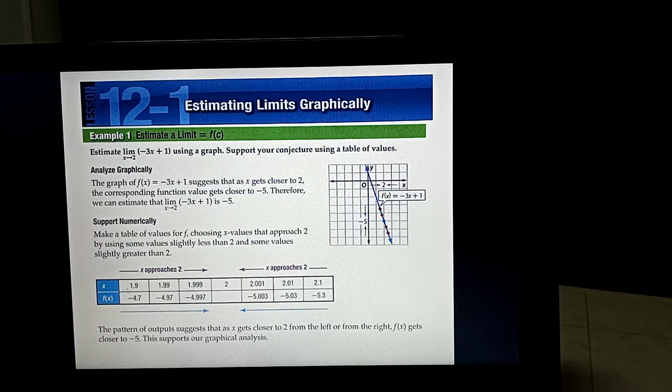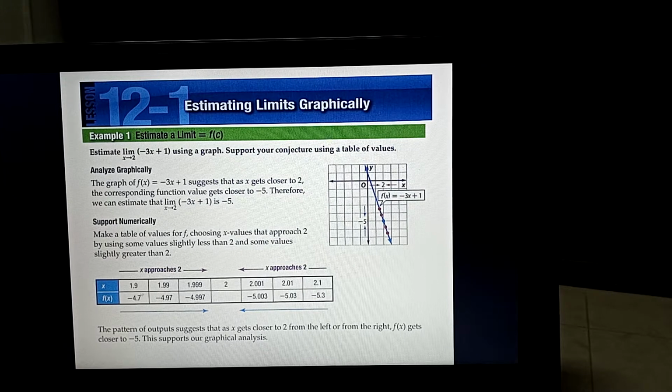Here, when I speak about the values of x, 1.9, 1.99, 1.999, it means I am walking straight to 2 from the left. And when I use 2.1, 2.01, 2.001, I'm walking straight to 2 from the right.